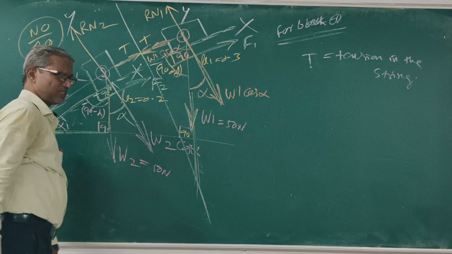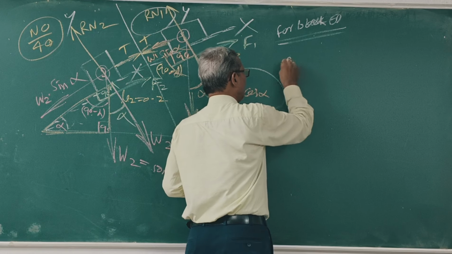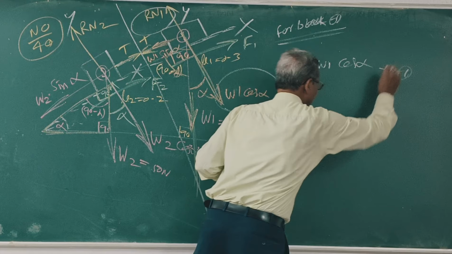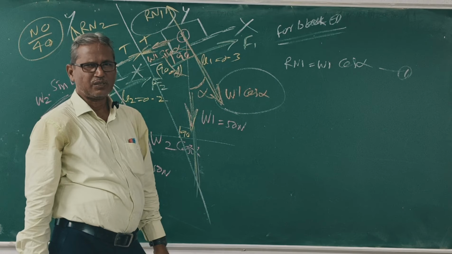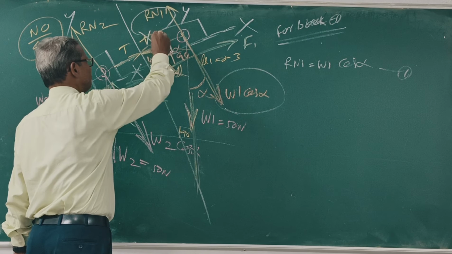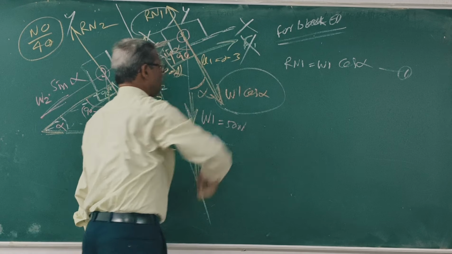So first along y. Along y, R1 is equal to W1 cos alpha. Clear? R1 is equal to W1 cos alpha, equation 1. Then along the x-axis, sigma y is 0.